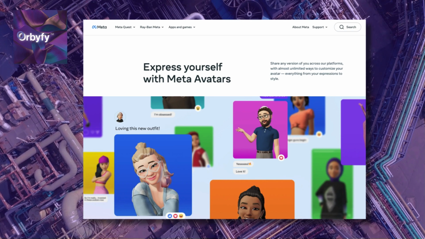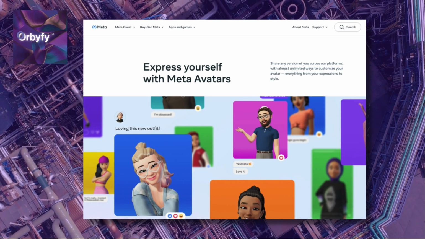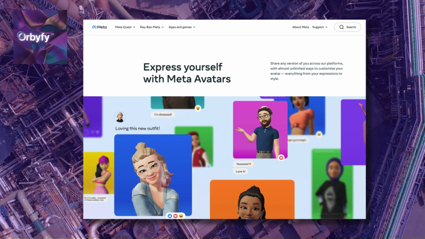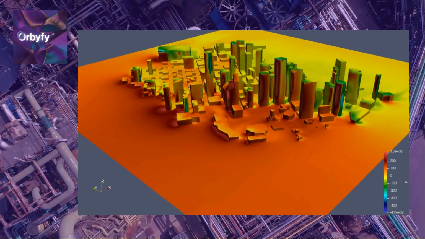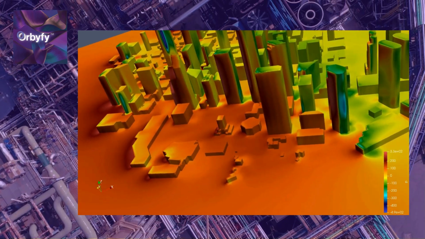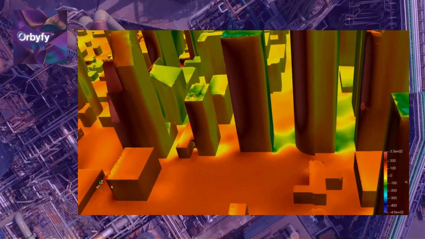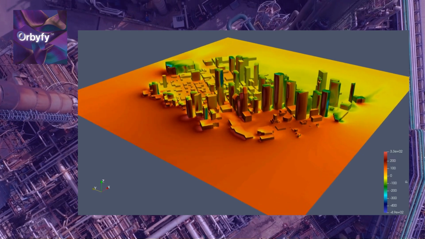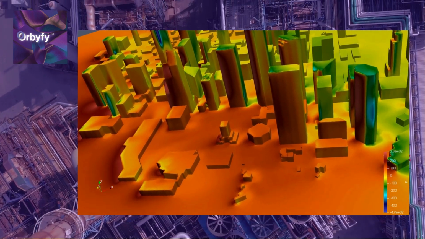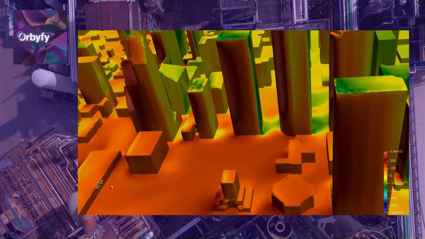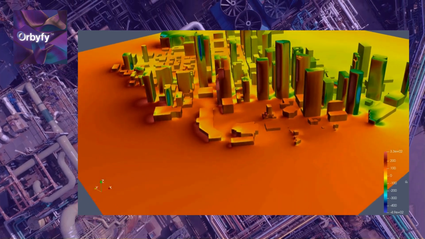So I use this as an example. A few years ago, Meta was trying to push the concept of your digital avatar, the digital version of you. This is also a digital twin. And in the same way, we are trying to create the most realistic and lifelike representations of our built environment, the buildings, structures, and homes that surround us in order to simulate the effects of climate, simulate the effects of the 1 in 100-year storm event, and ultimately address what a climate scenario translates to in terms of damages and losses.